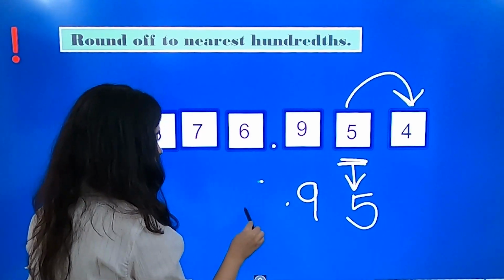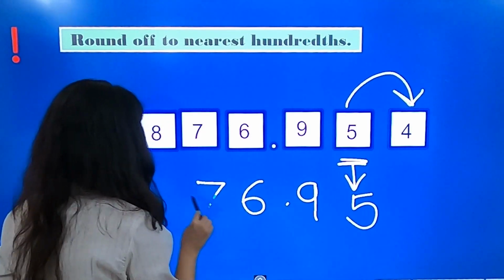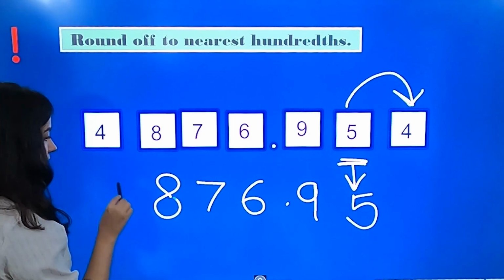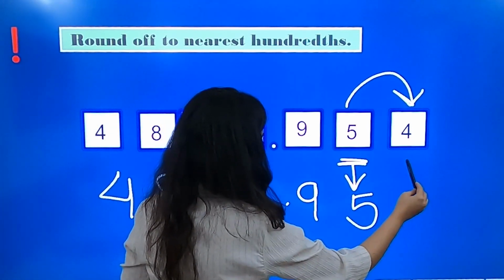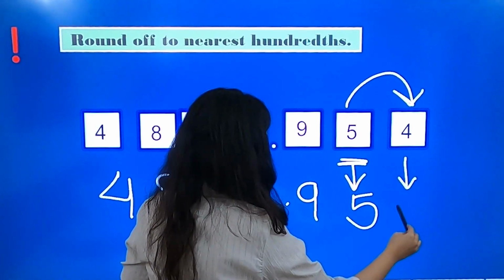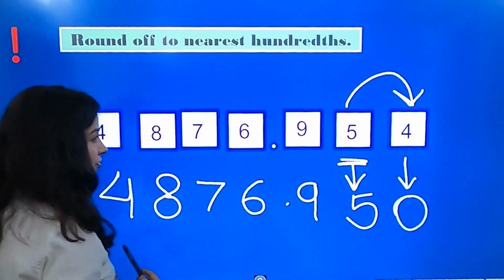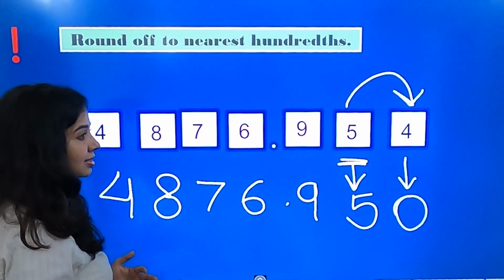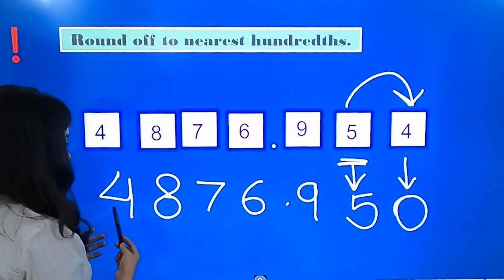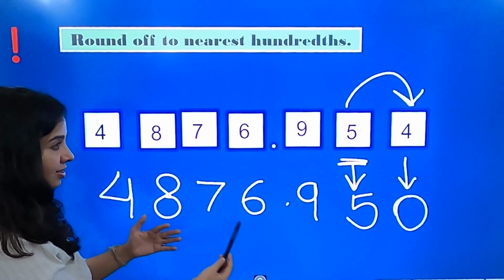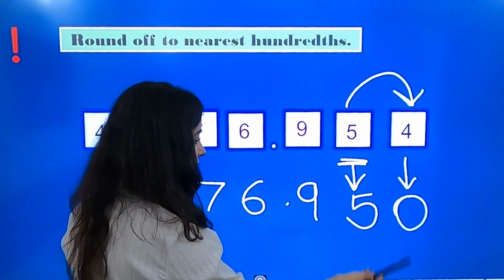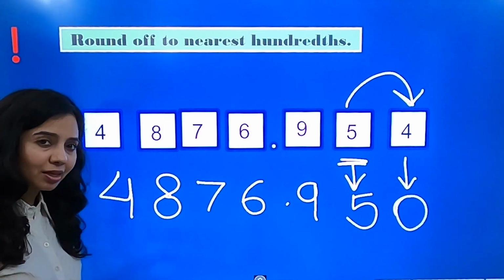And all the digits which are bigger than it will remain the same. And the digits on the right will become 0. So, after rounding off to nearest hundredths place, this becomes 4,876.950.